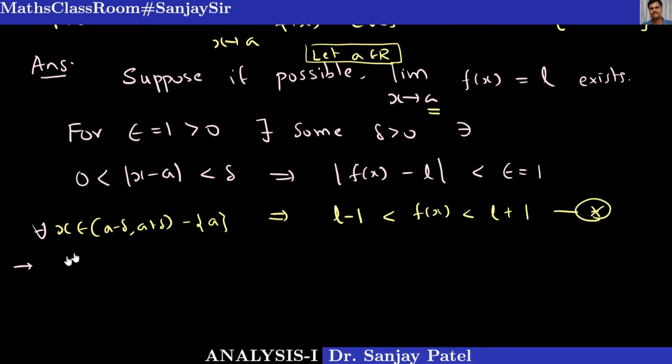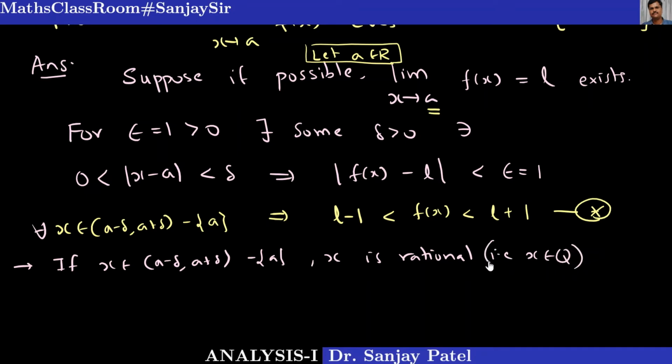If x belongs to the interval a minus delta comma a plus delta minus a, and x is a rational number, that is, x belongs to Q, then in this case we have L minus 1 less than 1 less than L plus 1, because by our definition the function f x is equal to 1 if x is rational and equal to minus 1 if it is irrational.